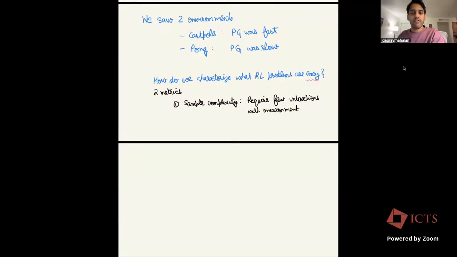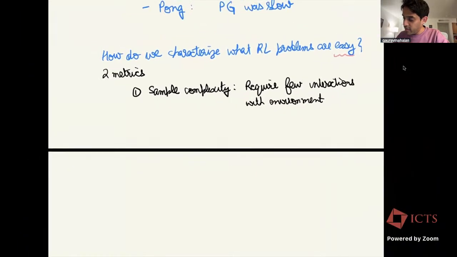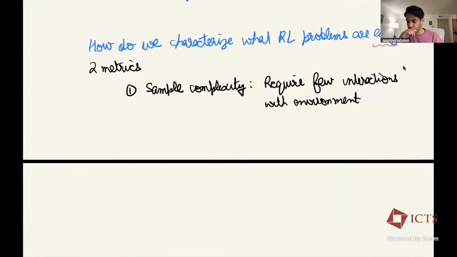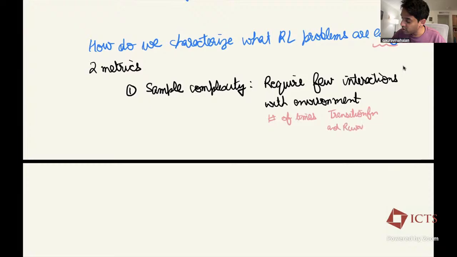What interactions mean is the number of times the agent samples from the transition function, so the number of calls to the transition function and reward function.